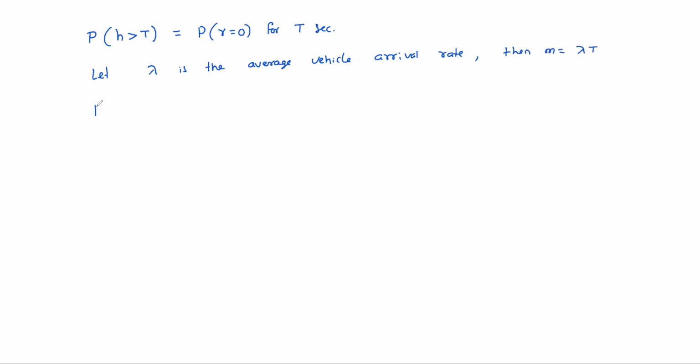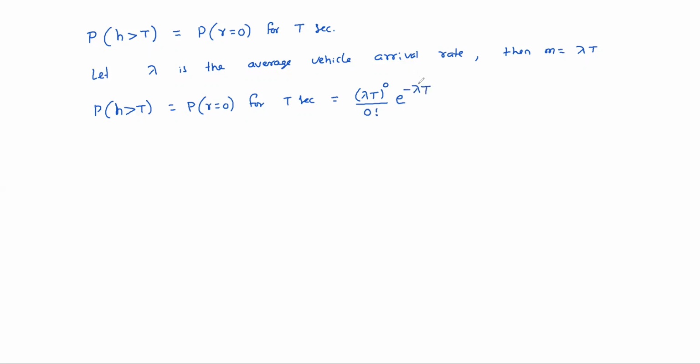Then probability of h greater than t is defined as p of r equal to 0 for t seconds, and it is equal to m power r, that is lambda t power r, here 0, by r factorial, 0 factorial, e power minus m, that is minus lambda t.